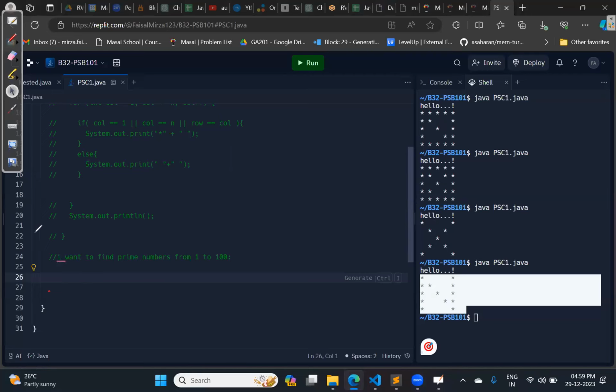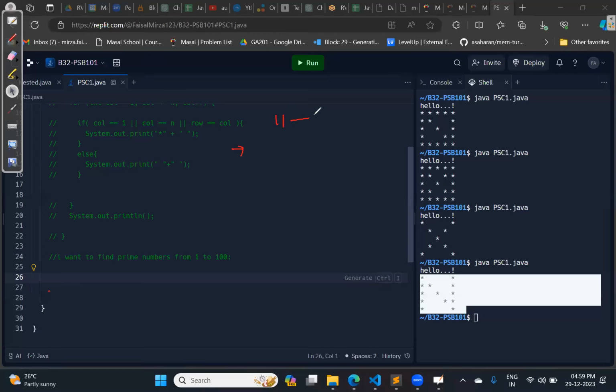So this is the problem statement. We have to find out the prime numbers. First we have to see when the number is taken modulus by i, if it gives remainder 0, then we will store that in count. So for that, first we will take int count as 0. First, tell me when we can say that a number is prime.